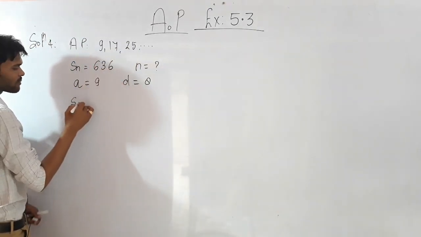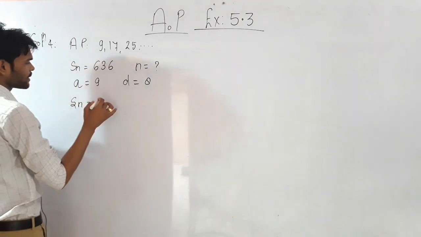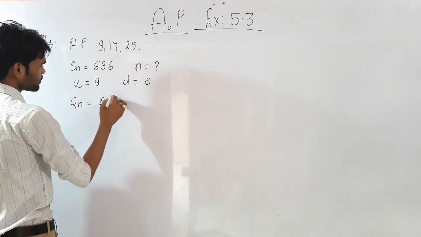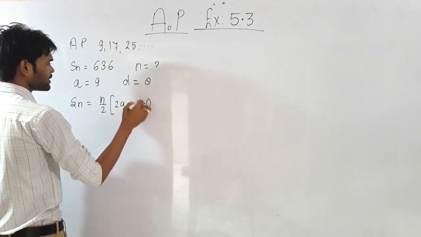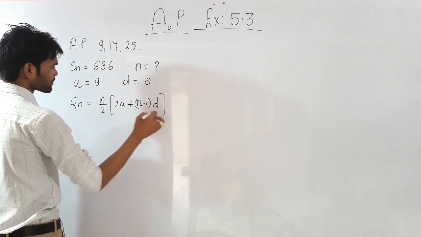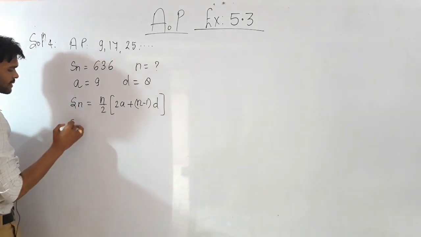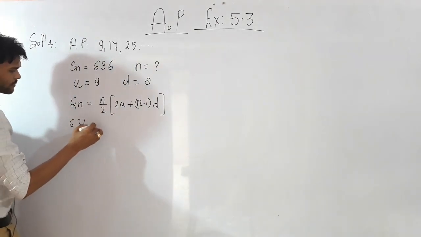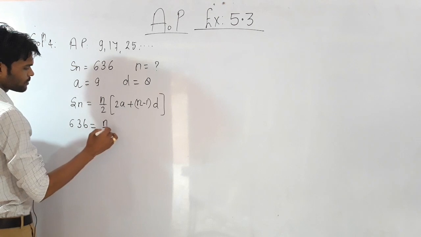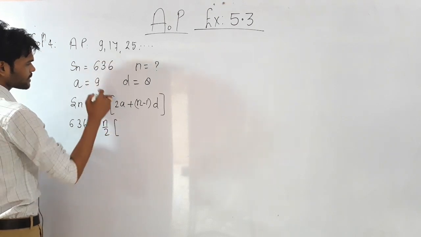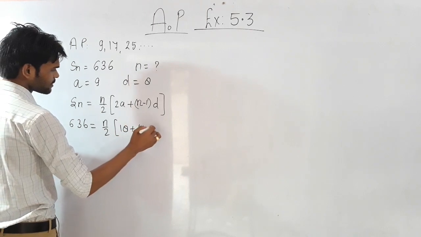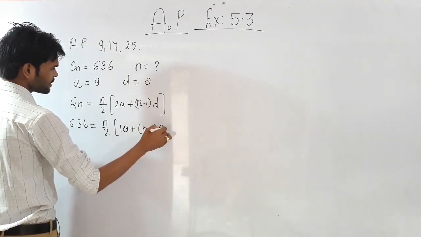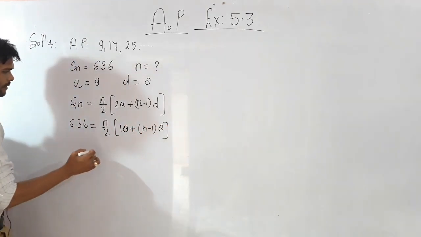Now using the formula for the sum of n terms of the AP, n by 2 into 2a plus n minus 1 into d, you may write here 636 equals n by 2 into 2a, meaning 2 times 9, which is 18, plus n minus 1 into d, meaning 8.